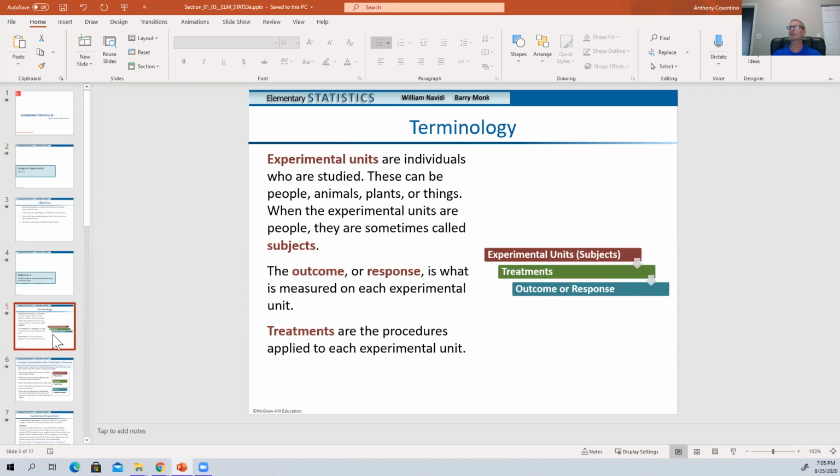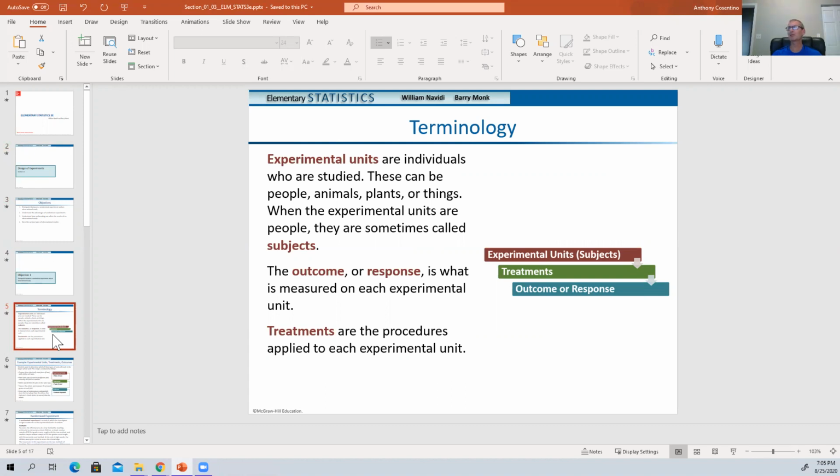And these experimental units are sometimes called subjects. So if you're experimenting with people, those would be the subjects. If you're experimenting with different components in my power systems, as a telecommunication engineer, those would be the subjects.